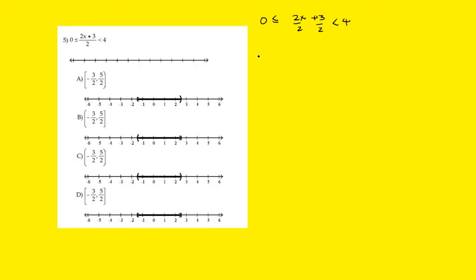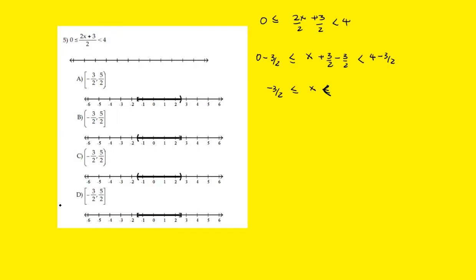So the first one is going to be 0 minus 3/2, smaller or equal than 2 divided by 2, which is just x, plus 3/2 minus 3/2, smaller than 4 minus 3/2. We know this one is going to give us negative 3/2, smaller than or equal to x, smaller actually only. Yeah, smaller. Don't put the smaller or equal.